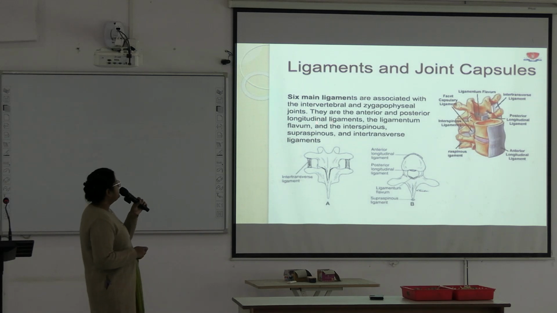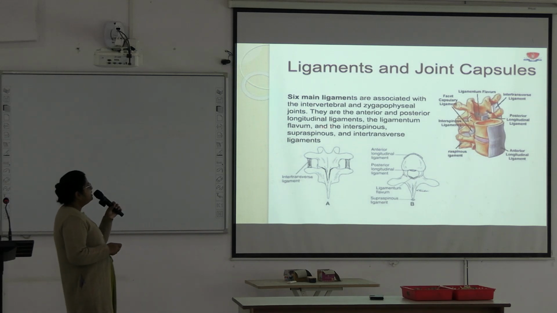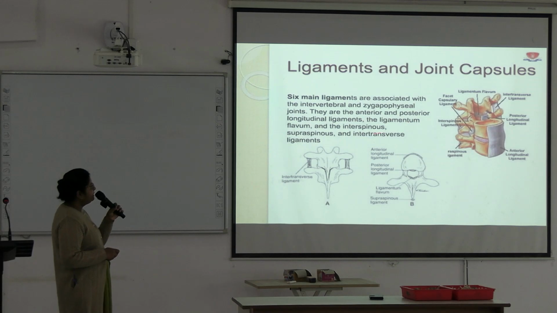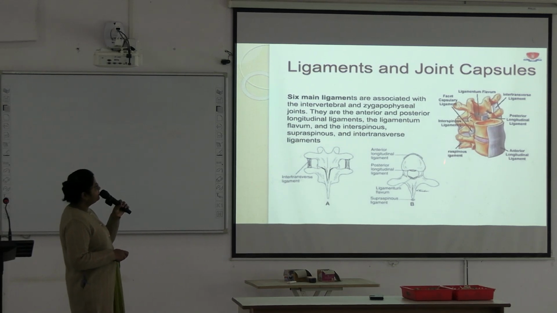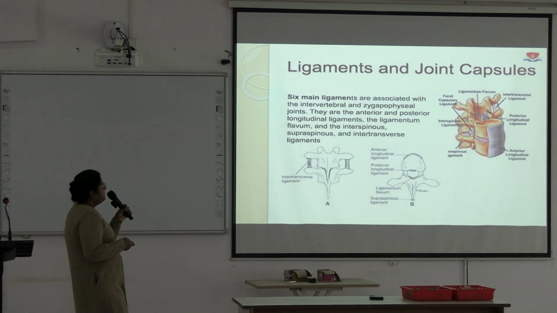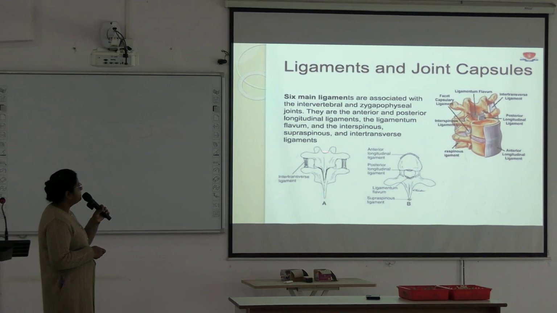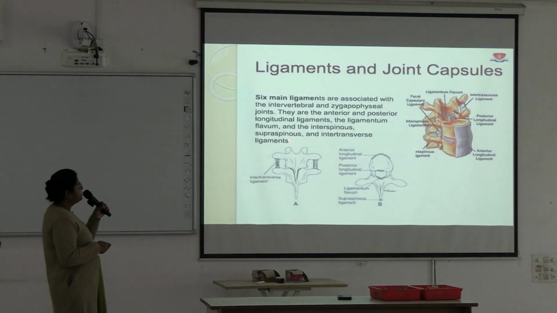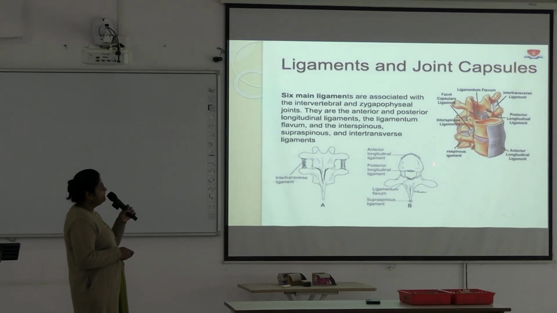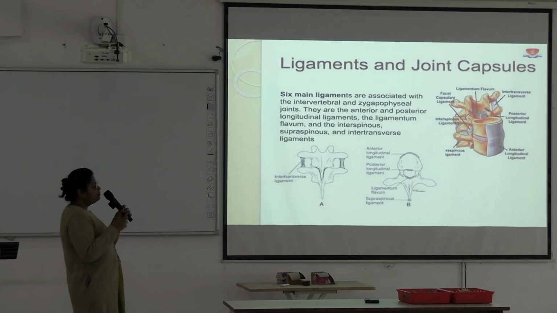Next is ligamentum flavum. Ligamentum flavum is connecting the laminae of the vertebra, and then the interspinous, supraspinous and intertransverse ligaments. Interspinous and supraspinous ligaments are connecting the tips of the spines.